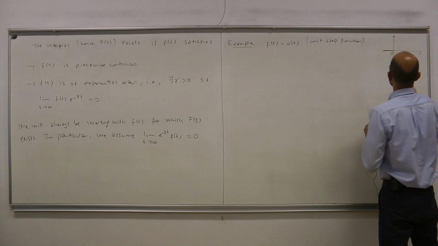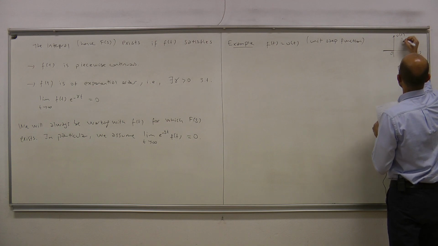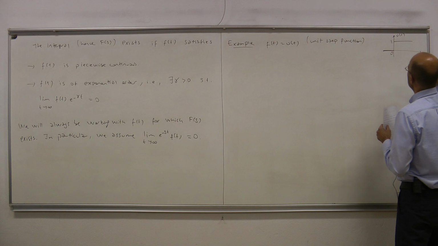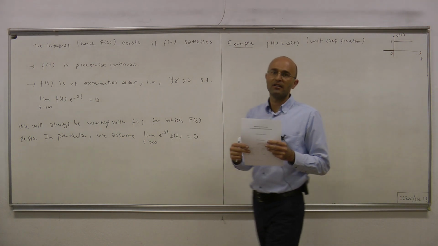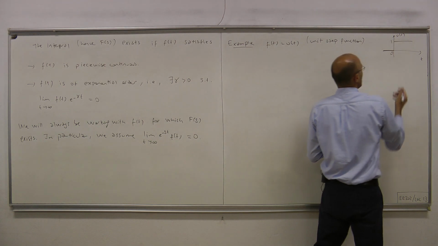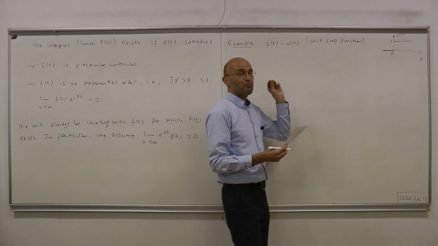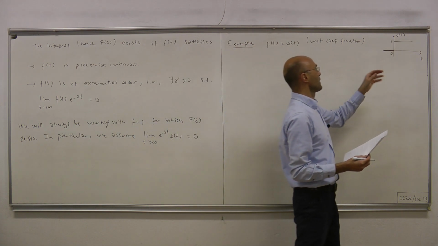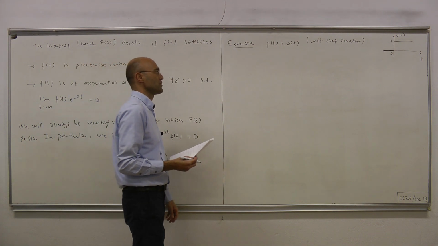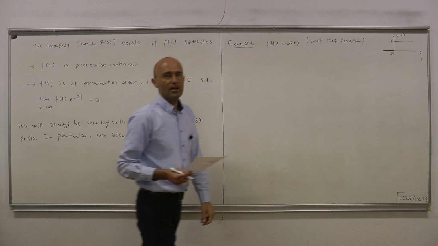It's 0 for all negative values, and it's 1 for all positive values, and exactly at 0, well, we didn't bother to define it. We don't care what it does exactly at 0, but all we care about is that it's bounded at 0, unlike, for instance, the impulse function. For this function, let us compute its transform.